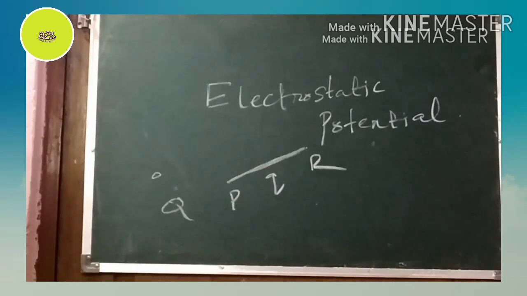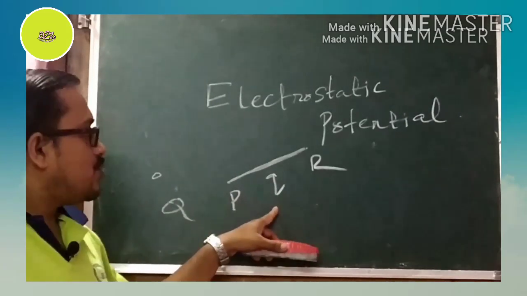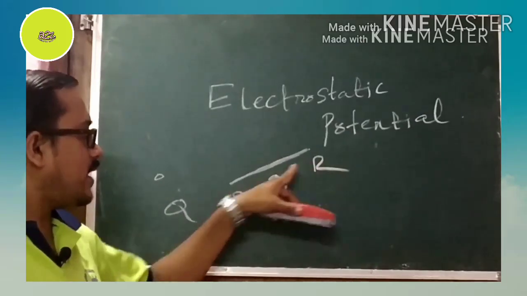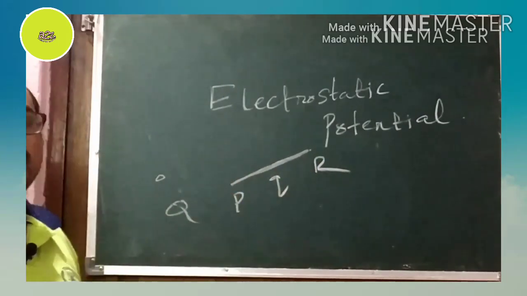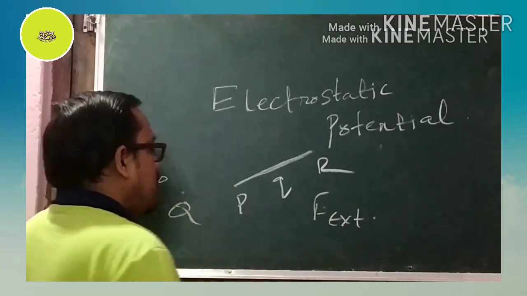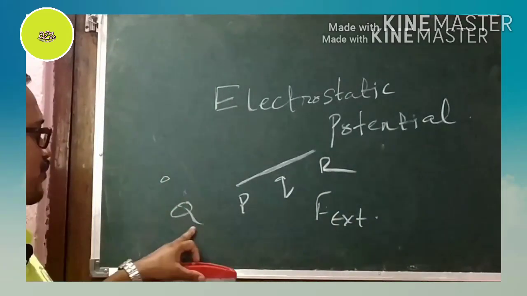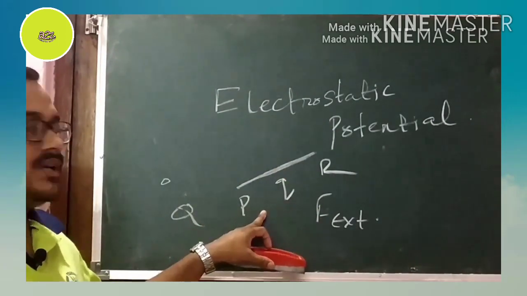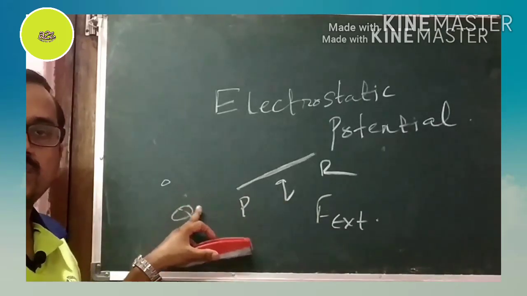Now the important property is that while transferring the charge from R to P, we need an external force, called F external. As there is a positive charge Q and also a positive charge small q, there must be some electrostatic repulsion between them.